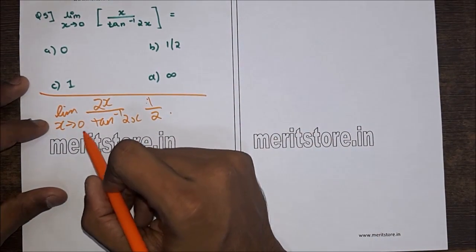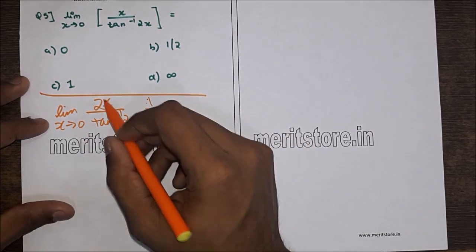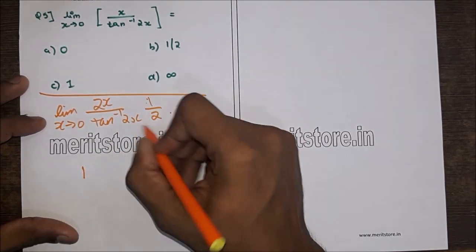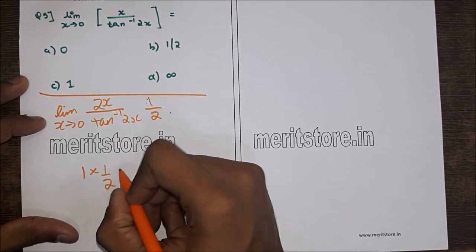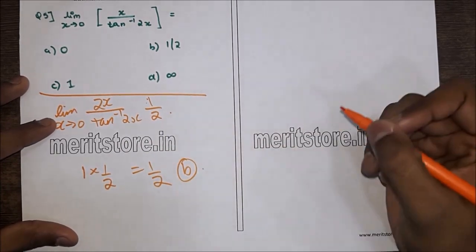So now applying the limit of x tends to 0 on this term, we would get this as 1, which leaves us with 1 by 2. So 1 into 1 by 2 equals 1 by 2, which is option B.